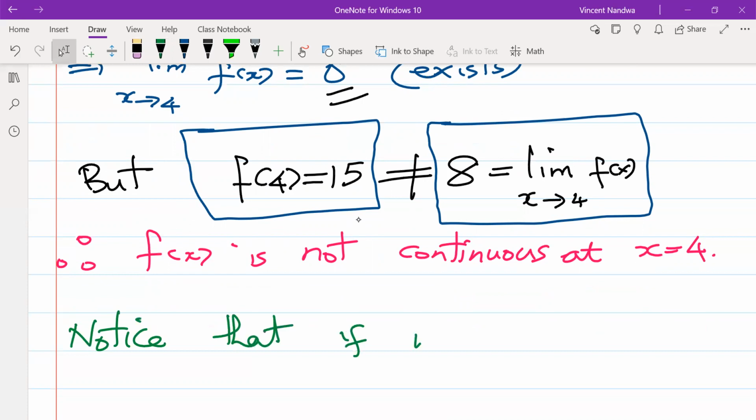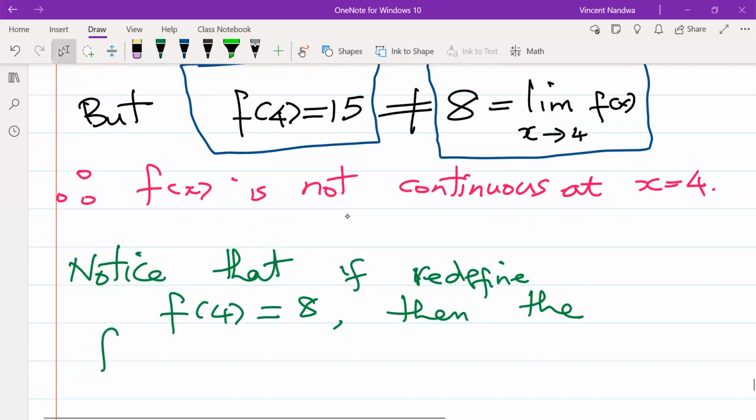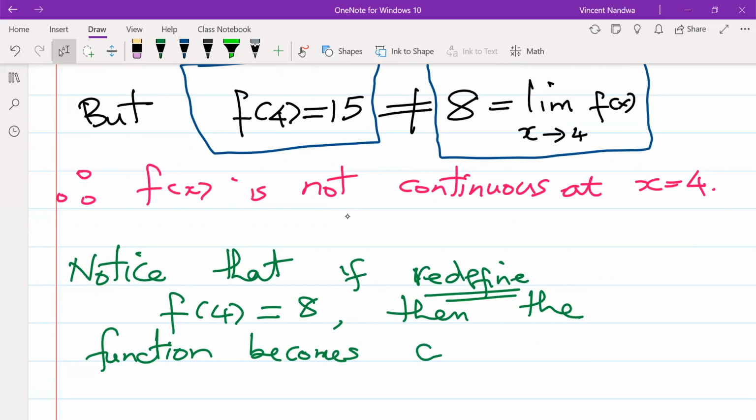So notice that if we redefine f at 4 to be 8, then the function becomes continuous. Good, at least you are seeing that.